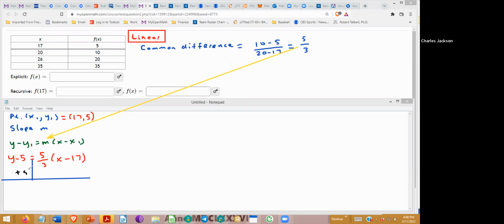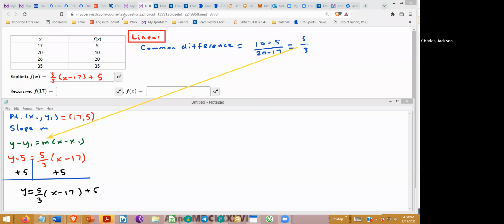So plus 5, y equals 5/3 times x minus 17, plus 5.